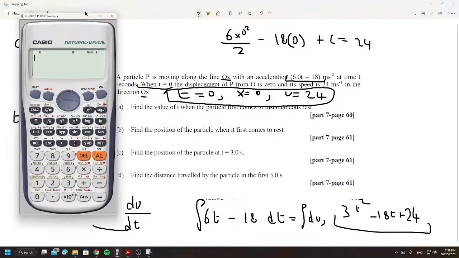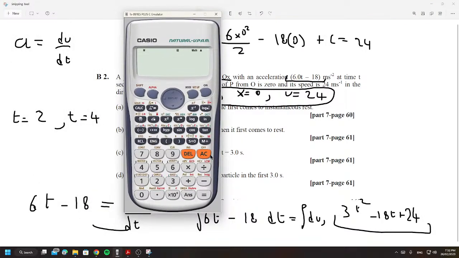Let me just do it on the calculator here for you guys so you don't get lost about what I'm talking about. So here we go, mode, and then here. So we do 3t squared minus 18t plus 24. So yeah, we get 2 and 4.